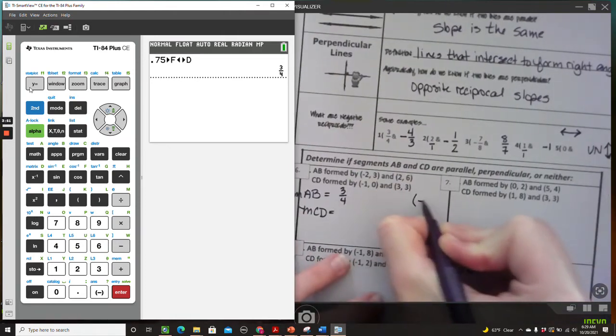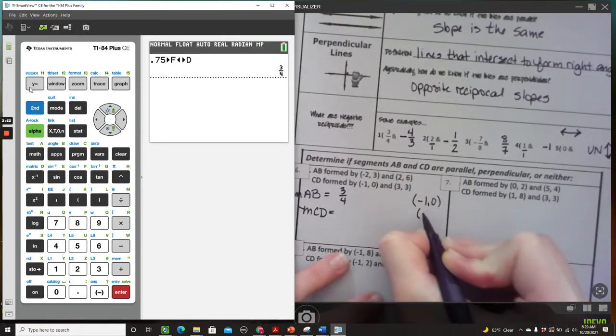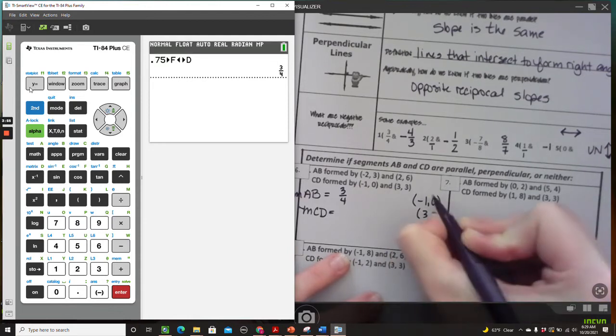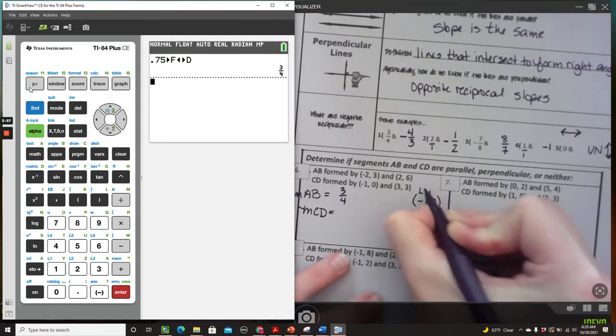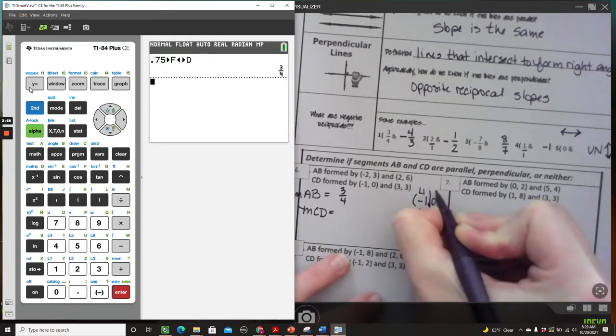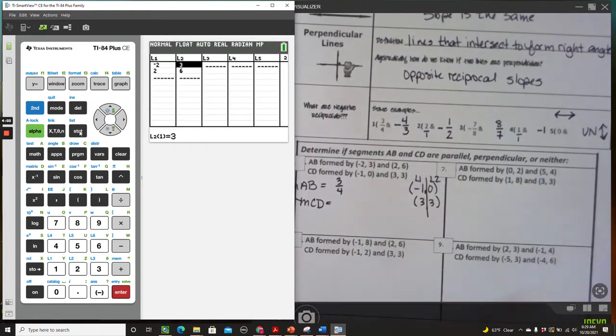So if you need to, with these points, stack them up to do linear regression. Draw a line down the commas, L1, L2, if that helps you. Oh, sorry, it froze. All right, so my x's are negative 1 and 3.